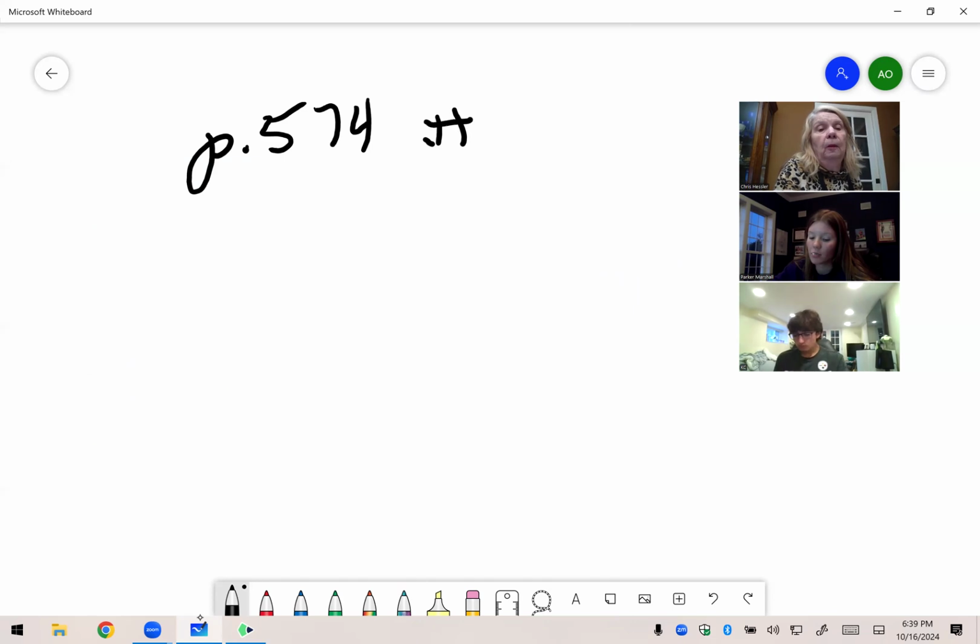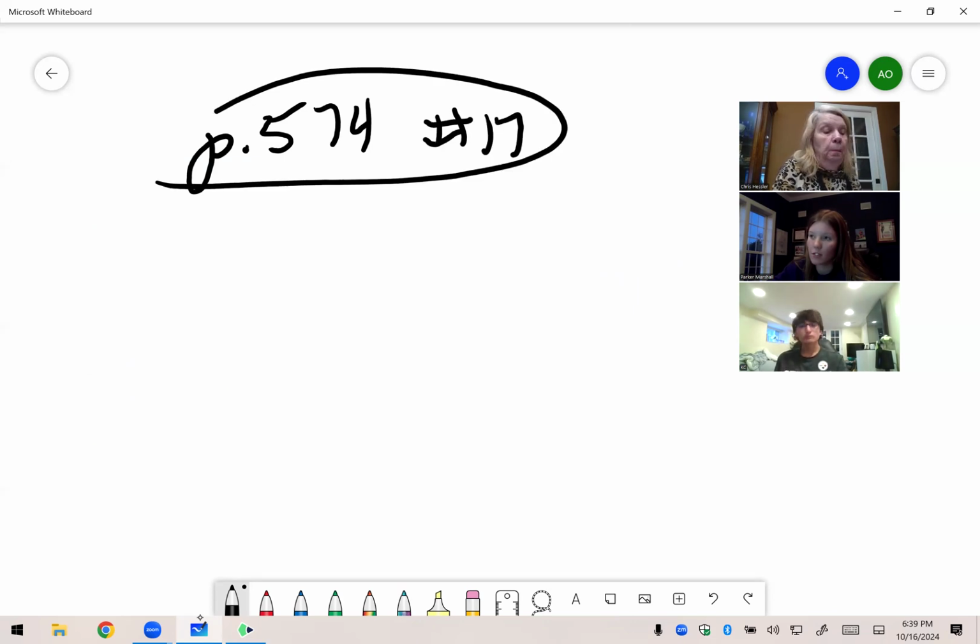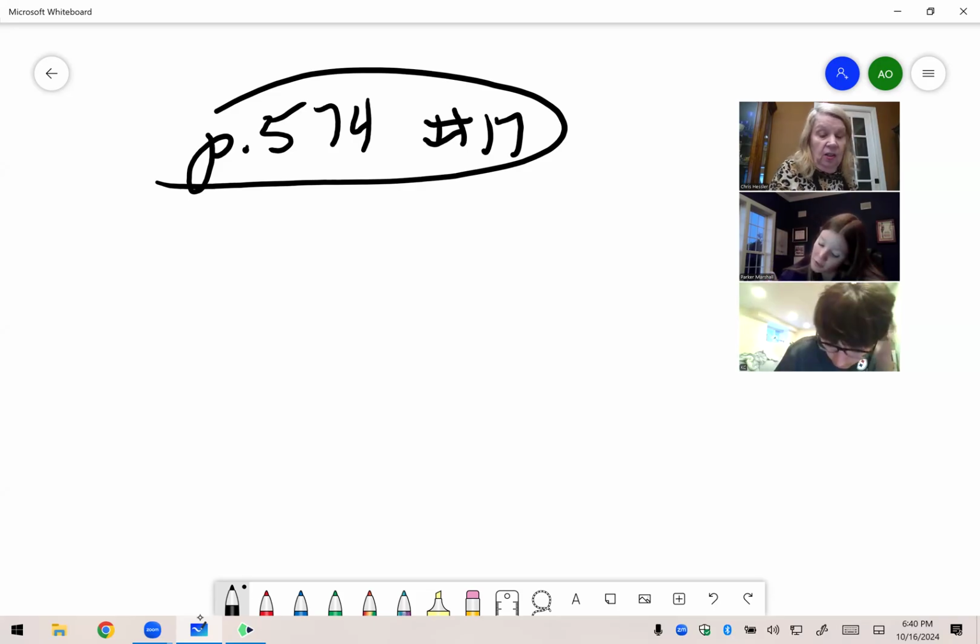Number 17, just have them try it, because it's pretty easy. Okay, just try this one. I'll give you time to get there. We're getting to the end of this. The math is not as involved as the function lesson. So we're going to 574.